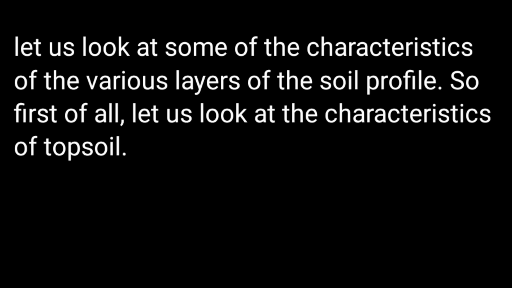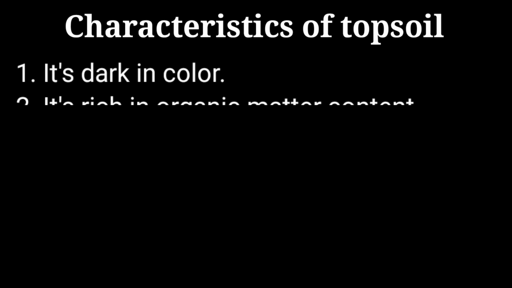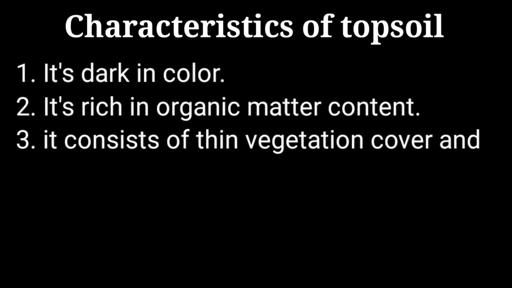Let us look at some of the characteristics of the various layers of the soil profile. First of all, let us look at the characteristics of topsoil. Number 1, it's dark in color.